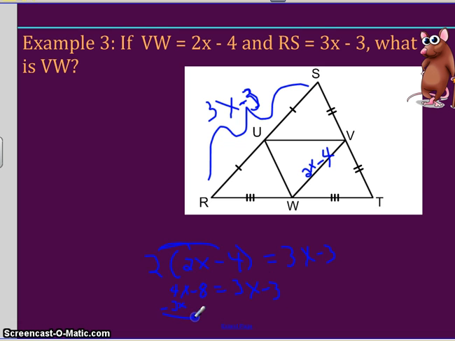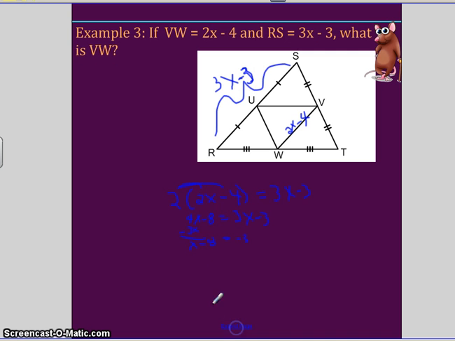We've got to bring those x's to the same side, so we're going to subtract the 3x, which is just going to give us x. I'm going to drop that minus 8 equals a negative 3. Let's extend the page, and let's see, add 8 to both sides. And we got 5 for x. There we go. If we want to find the actual length, then we do, because it says find the length of VW right here.